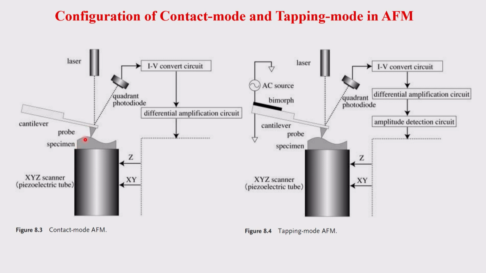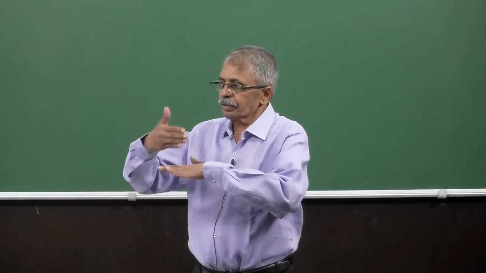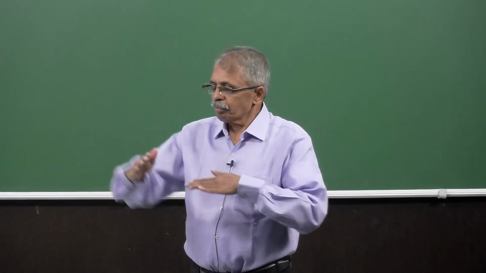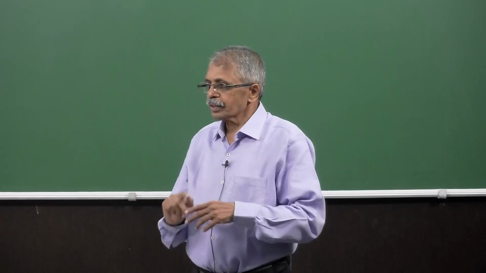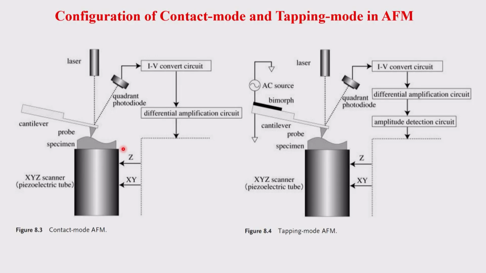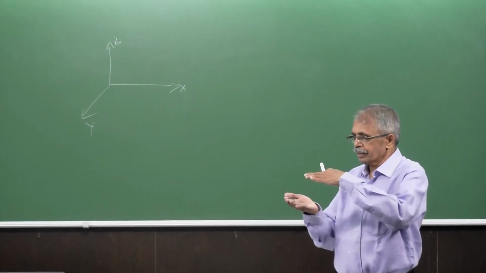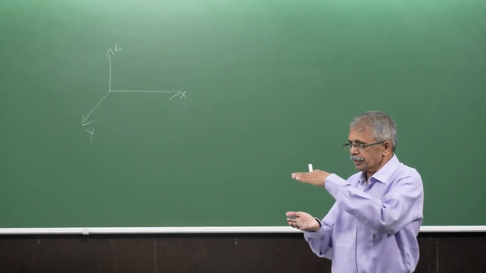You can see this is basically the sample and this is the surface. This whole thing is shown in one dimension. Then you have two dimensions and you have three dimensions, so all three dimensions X, Y, and Z can be measured. You can scan along all these. By using different motors, the probe can be sitting and the sample moving, or alternatively, the cantilever will be moving and you can have a stable platform which can go up.